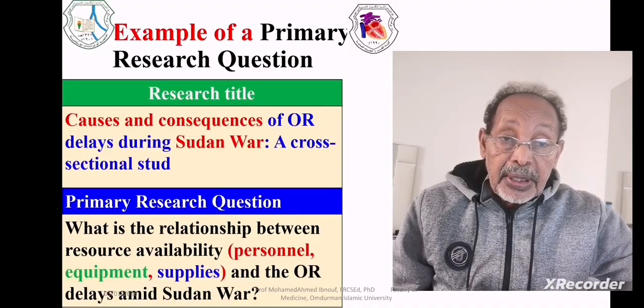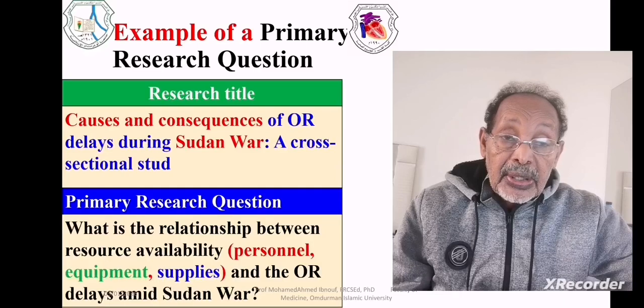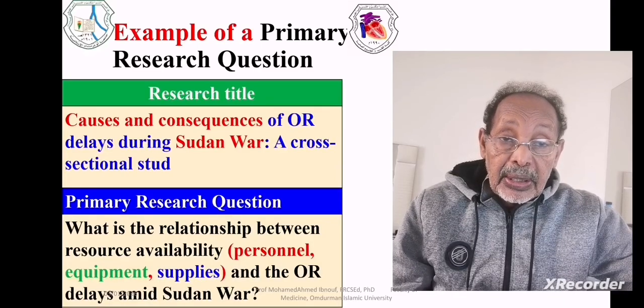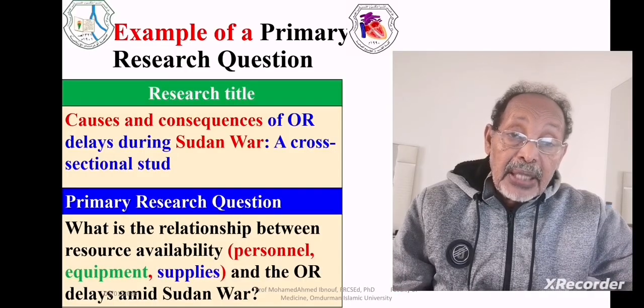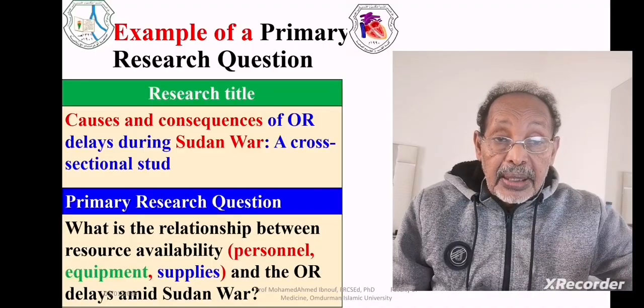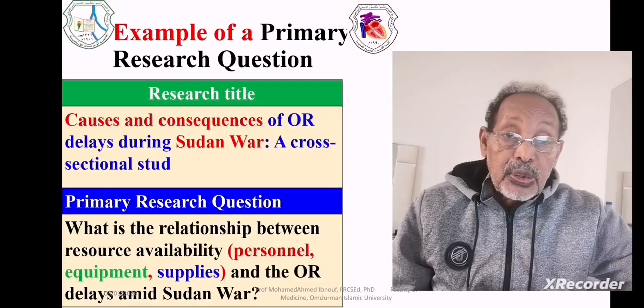By resource availability, we break it down into personnel, the number of OR personnel, whether in the anesthesia or the surgical part, and equipment for both divisions, surgery and anesthesia, and supplies also for both. And what is, as I said, the relationship between the resource availability of these things and the OR delays amid Sudan war.